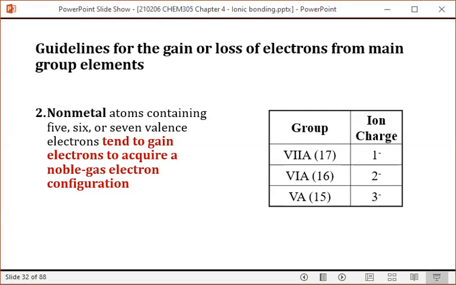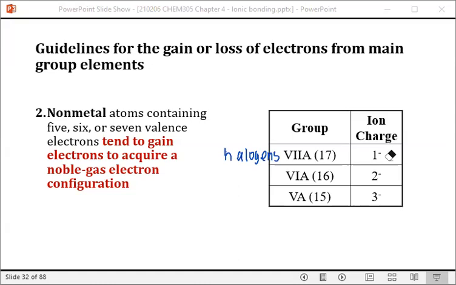For elements in group 7A, or column 17, sorry, that's the fluorine column, the halogens, they're going to tend to gain 1 electron. So your halogens are going to tend to gain 1 electron.